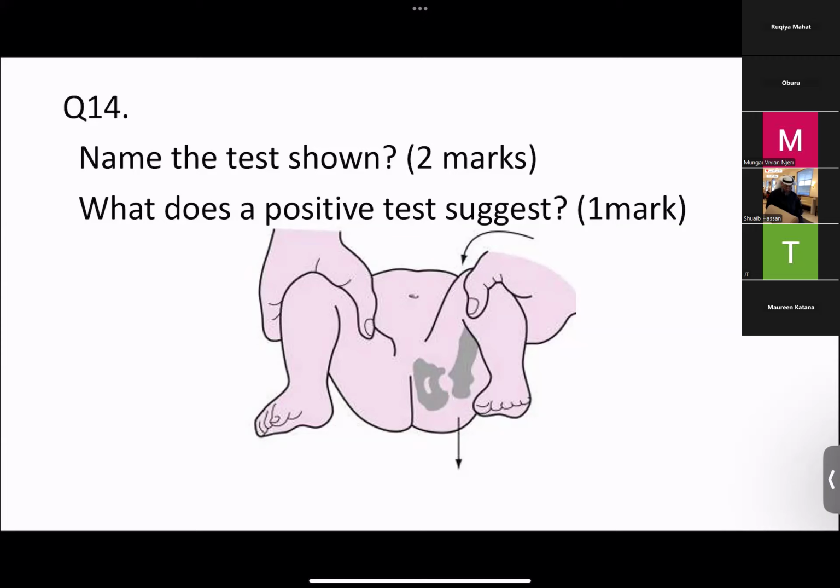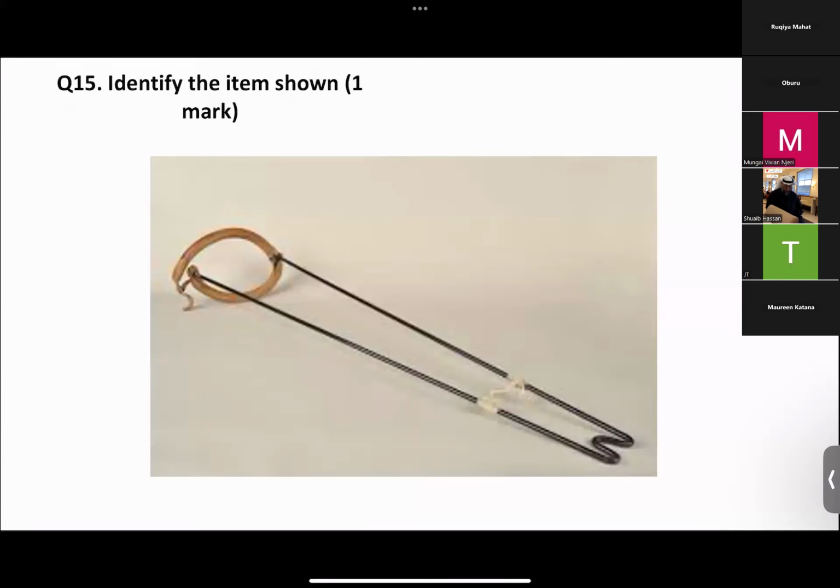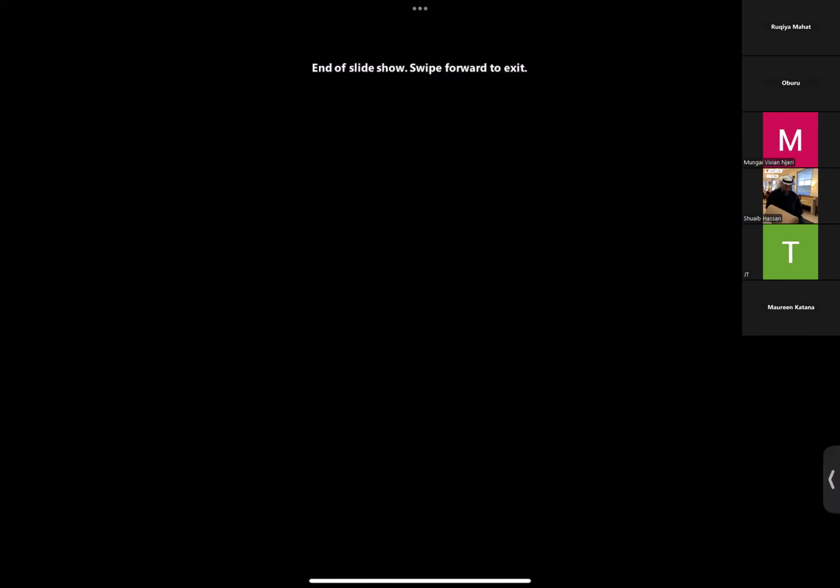What test is this? Barlow's test. So know the difference between Barlow's and Ortolani's test. And this is Thomas.